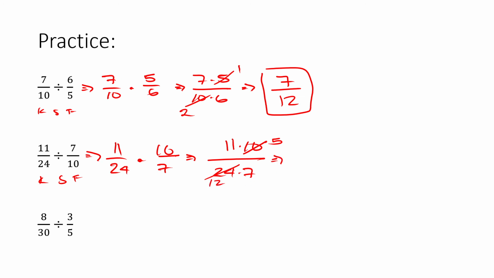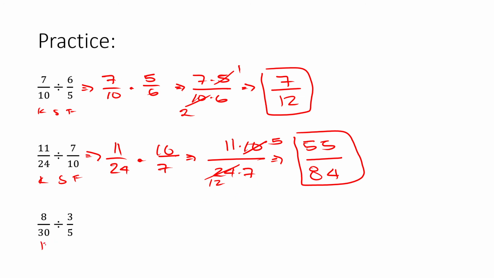So we simply have to multiply across. 11 times 5 is 55, and 12 times 7 is 84. So your final answer is 55 over 84. Okay, hopefully you got this problem correct.